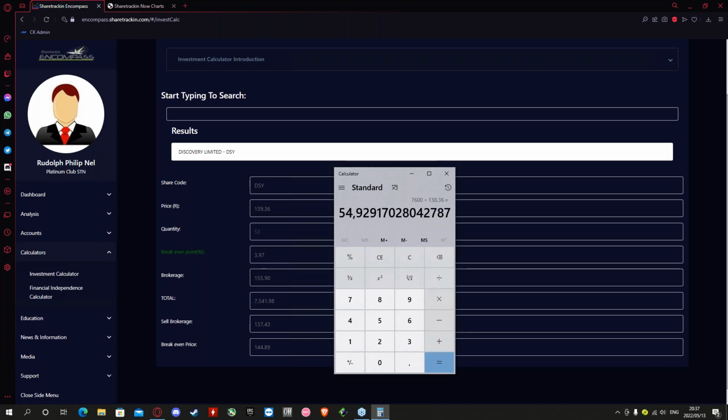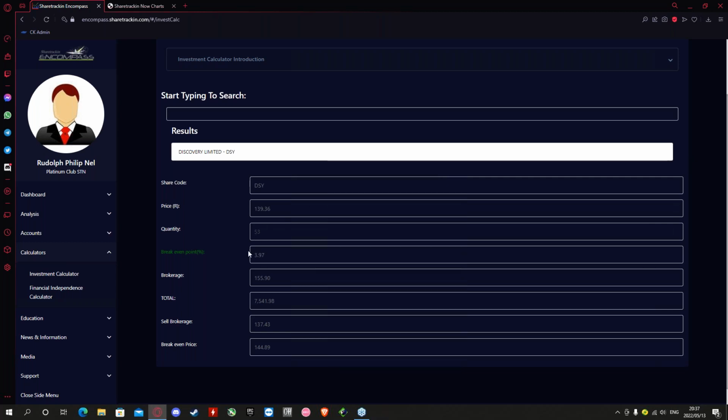Okay, and that will give you the amount of shares that you need to buy. 54 shares. Okay, we bought 53, with just below 4%. All right, so you can take 7,600 divided by the price and it would give you the amount of shares that you would need to buy to get your break-even point below 4%.